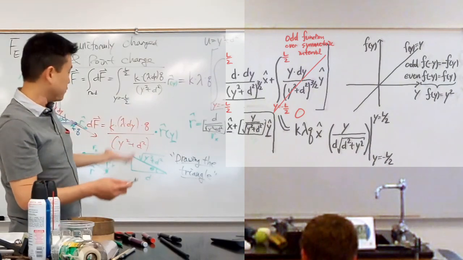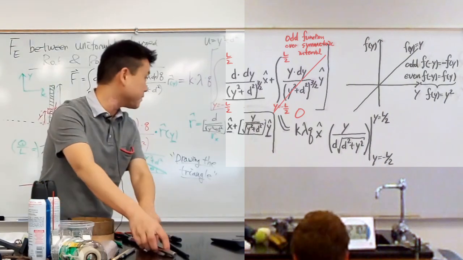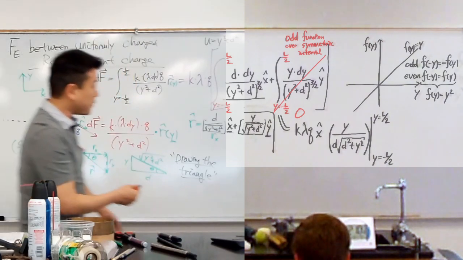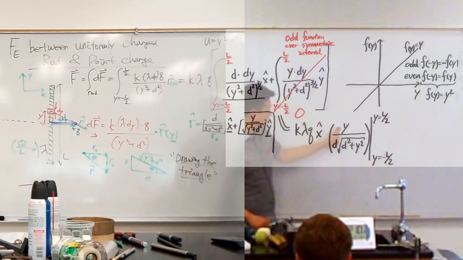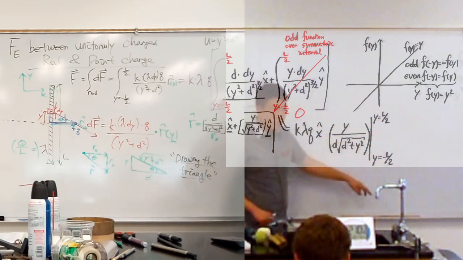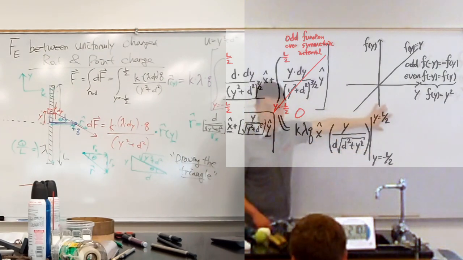So now, if you want the actual answer of what the force is, then you would evaluate it. Let me just copy it down here. When you plug this in, it's L over 2 here, minus L over 2. The denominator is the same either way, so it's going to be 2 times one of these plugged in.